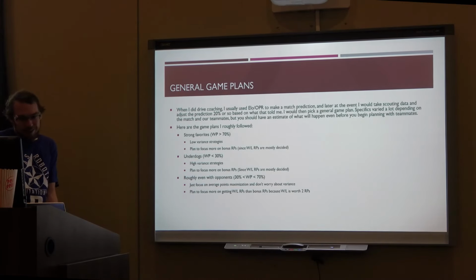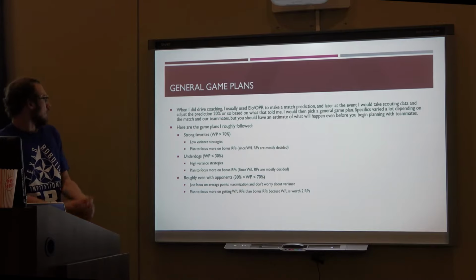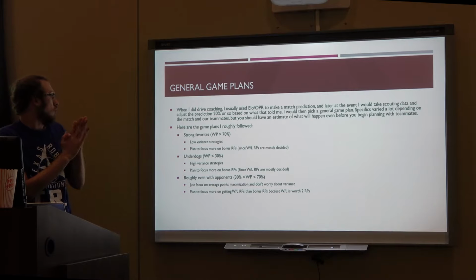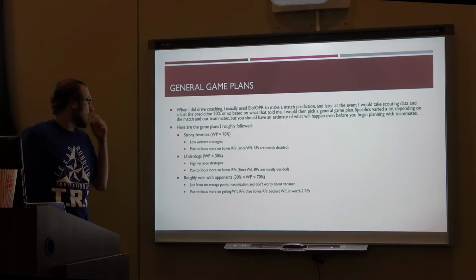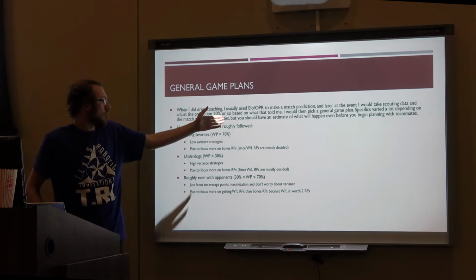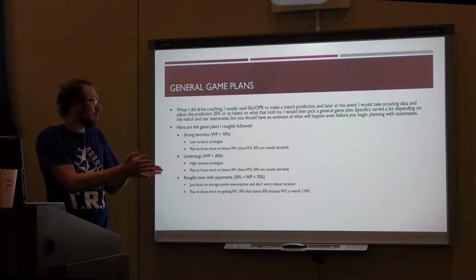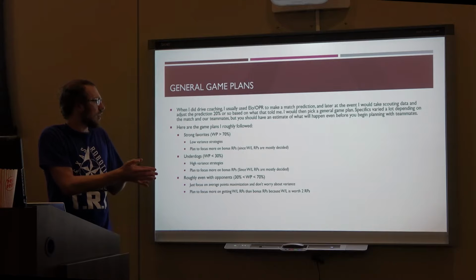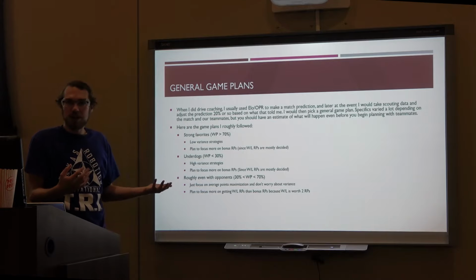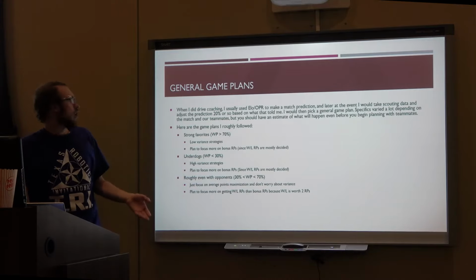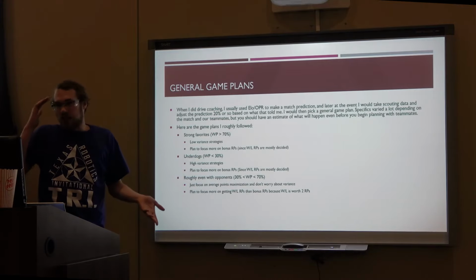Okay, so you've got these win probabilities now. So now, how do you use them? What I would generally do when I did drive coaching is I would use Elo or OPR to make a base match prediction, and later on in the event, when more scouting data is coming in, I would use that scouting data to adjust the prediction up or down, maybe 20% at most.